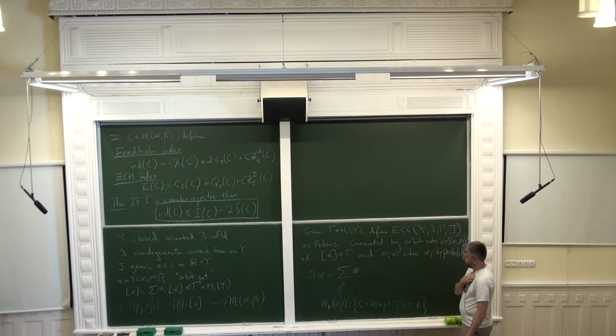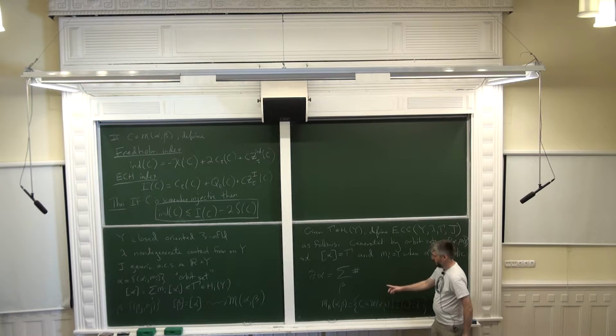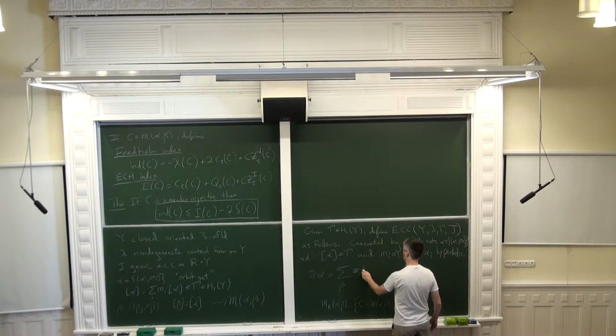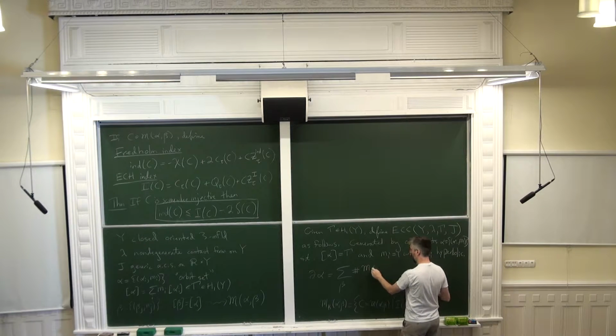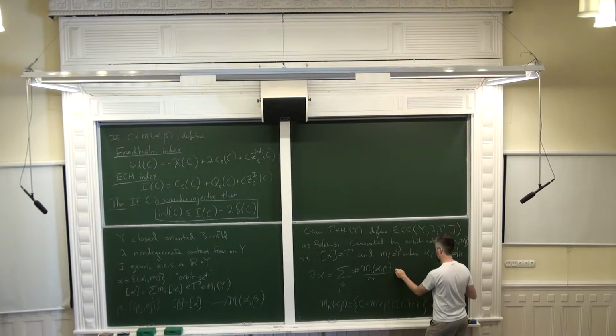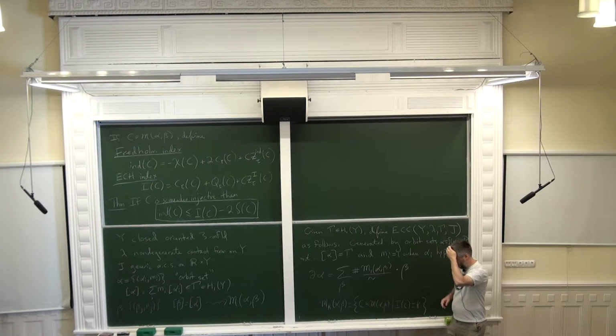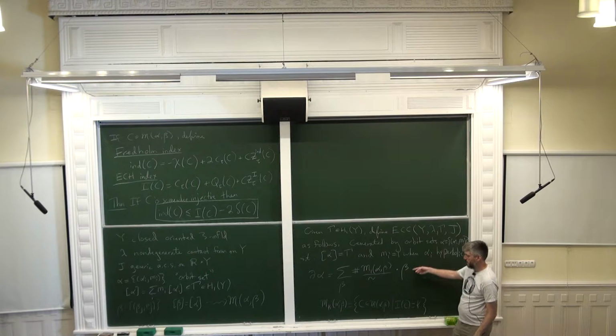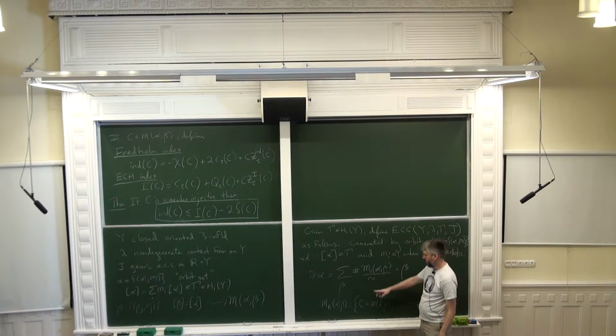So now I'm going to count the elements of the set M_1(α,β) modulo the equivalence relation, times β. So the number of times that β appears in the differential of α is counted by M_1(α,β).